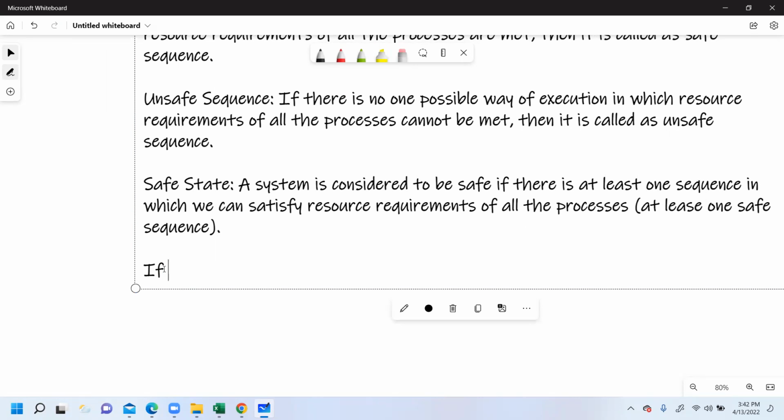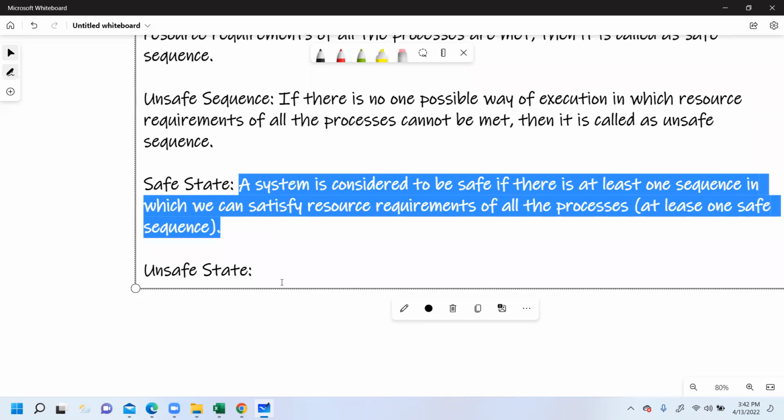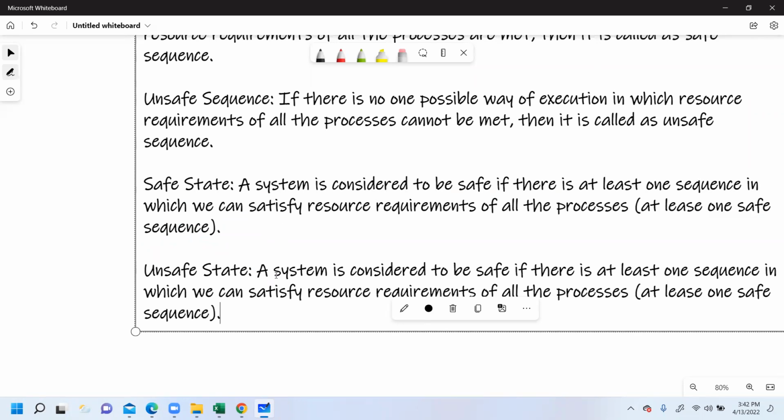And if the system is unsafe, an unsafe state, it is the opposite of a safe state.